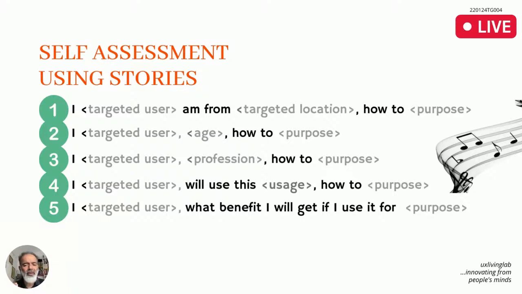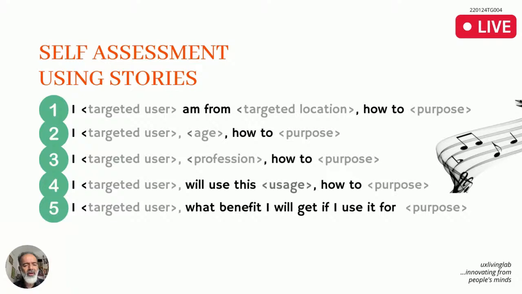Because when you talk about a user, that user may be from a specific location, because location is an important factor in user experience. Age is an important factor of user experience. Profession, education or occupation is an important factor of user experience.